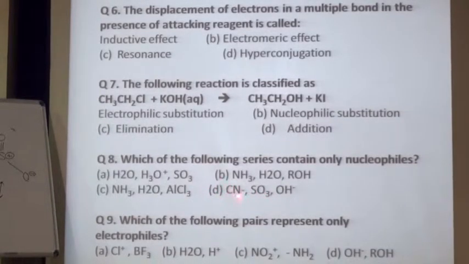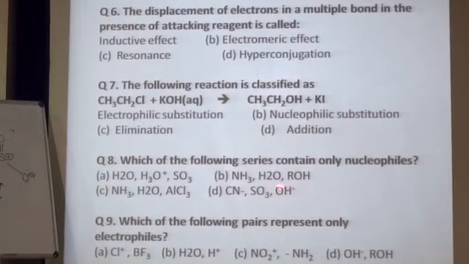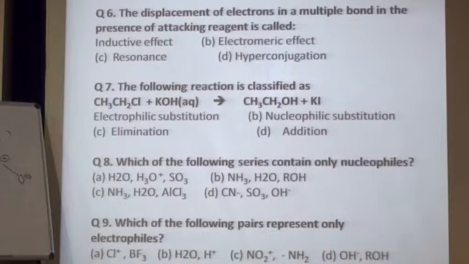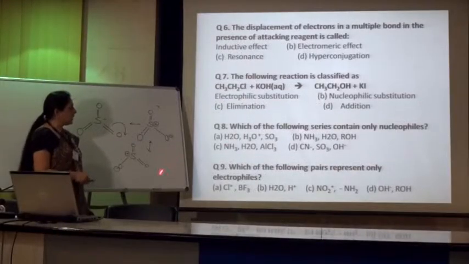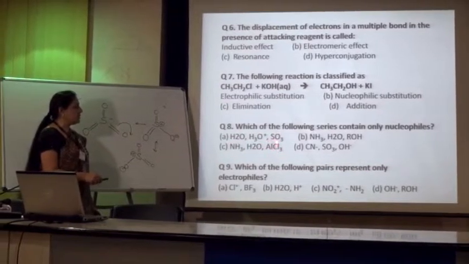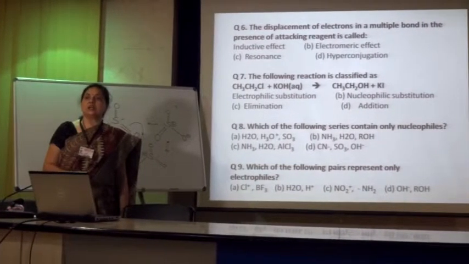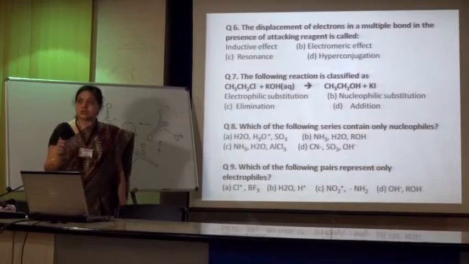If you see the D part, cyanide, OH minus, SO3. If you had considered SO3 also a nucleophile, then you would have been confused between these two. Are you getting this point? That's why I have given the option SO3 here also, so that you are clear that it is an electrophile. And here AlCl3, I told you that all Lewis acids are electrophiles. Clear? So this is clear to you.